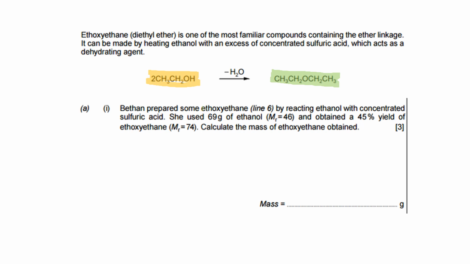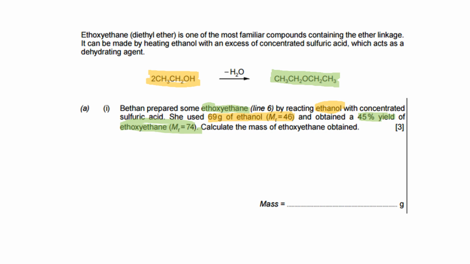So epoxyethane is the molecule in green, and ethanol is the molecule in orange. And what she did is she used 69 grams of ethanol, and she ended up with a 45% yield of epoxyethane, and you're also given the molecular masses. And what you're asked to do is to calculate the mass of the epoxyethane that she obtained.